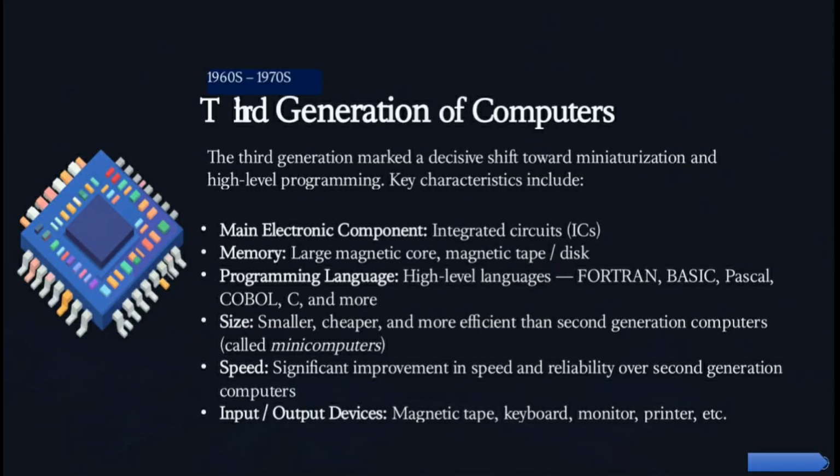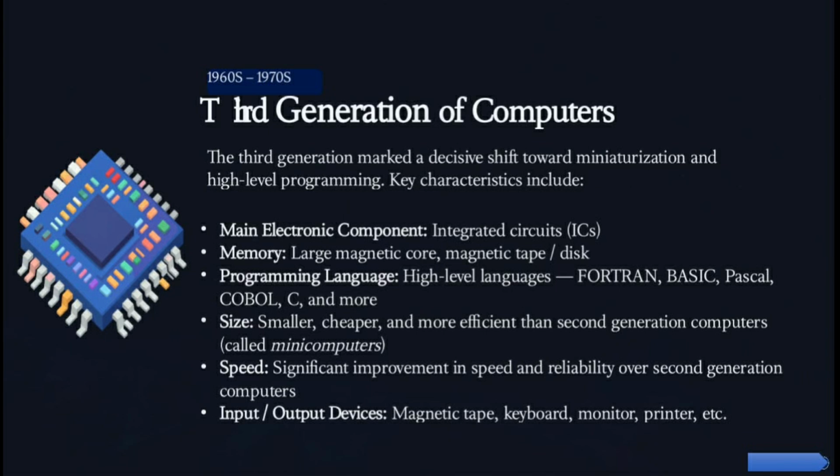I am Joshua B. Magsayo. Today I am going to discuss the third generation of computers which took place during the 1960s to 1970s. Before I explain the characteristics, let me first give a short background. The third generation of computers was an important stage in the history of computers because this was the time when computers became smaller, faster, more affordable, and more reliable.